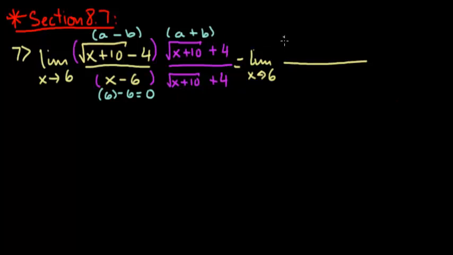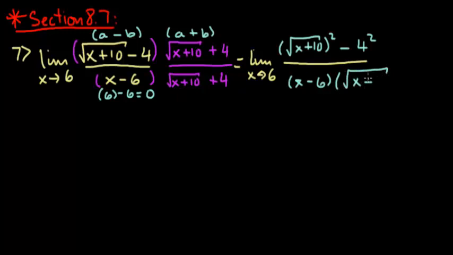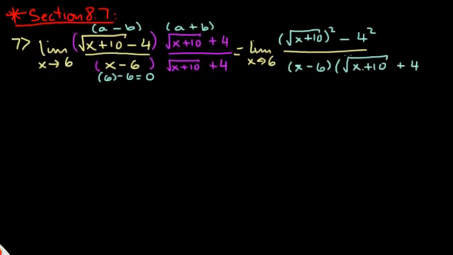We will have the first term, square root of x plus 10, squared, minus the second term squared, which is 4 squared. At the bottom, I just keep whatever I have: x minus 6 times the square root of x plus 10 plus 4. Okay, let's extend this a little bit further.